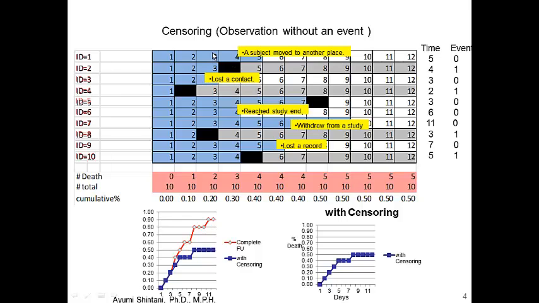And for the person who did not have an event, the time would be the time at the last seen. So this person was last seen at day 5 and then lost and moved to another place. So we don't know what happened after day 5. So you put the 5 here. Okay? So using these 2 variables, we are going to conduct survival analysis.